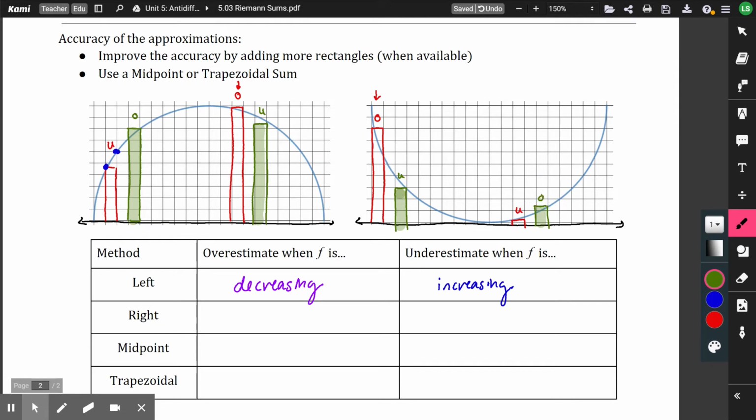And these all fall into that same pattern: whether the function is increasing or decreasing is going to dictate whether the right Riemann sum overestimates or underestimates. So a right Riemann sum will overestimate anytime the function is increasing and underestimate the total value under the curve when f is decreasing.